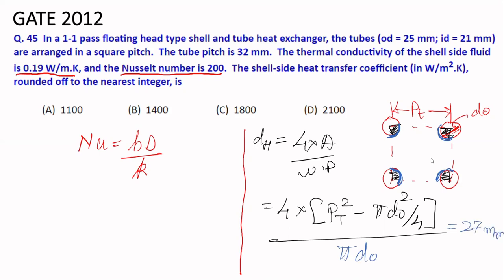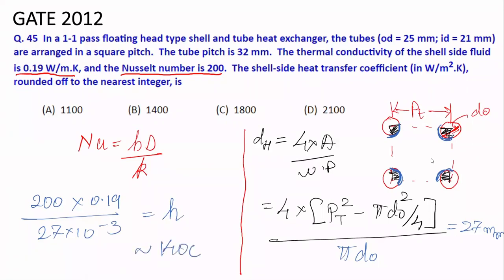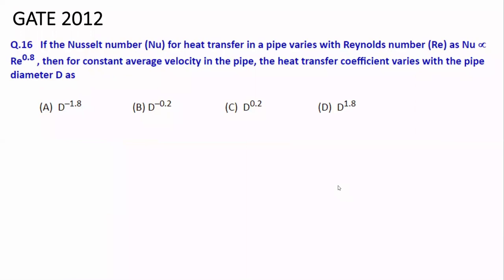Once you get the value of dh, 200 times 0.19 divided by 27 into 10 raised to the power minus 3, this will be your value of h, which comes out to be around 1400, hence the option B. I hope everyone has understood. Now we'll move to the second last problem of today's discussion.